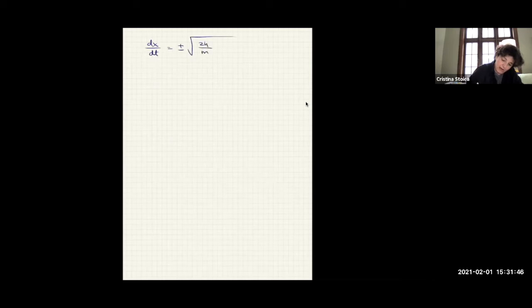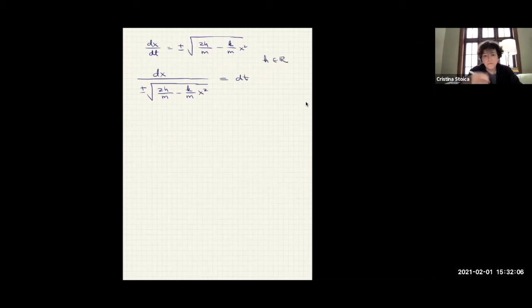So what did we have? We had dx/dt equals plus minus root of 2h over m minus k over m x squared. And because I was very good at calculus, I remember that this is a separable ODE, equals dt. Remember, h is a constant fixed somewhere, the total energy in the system.